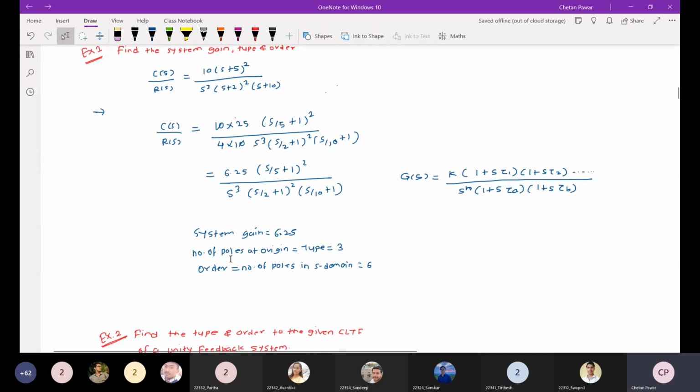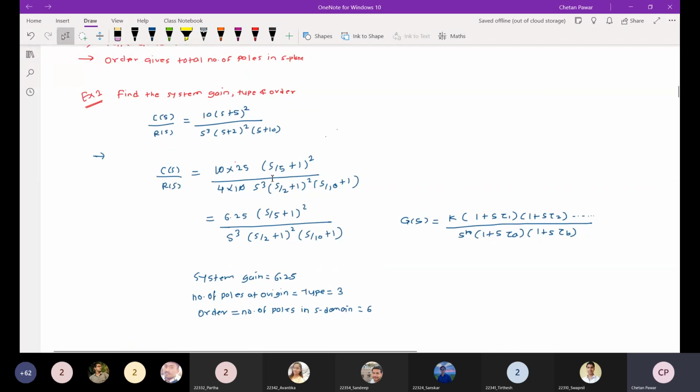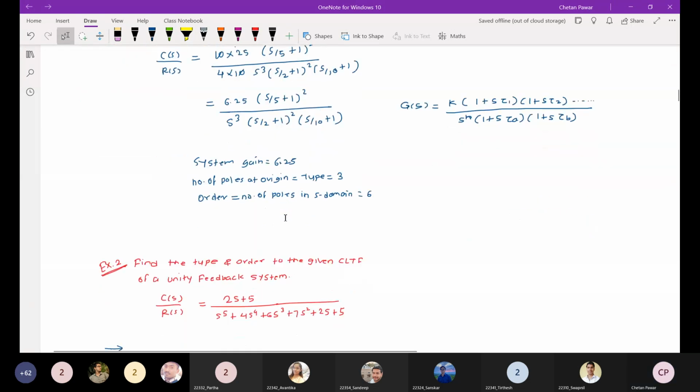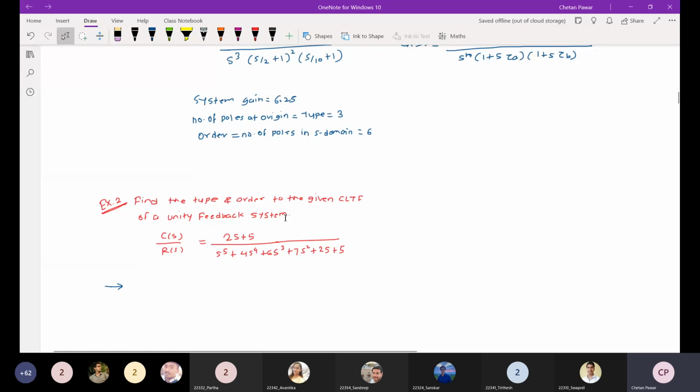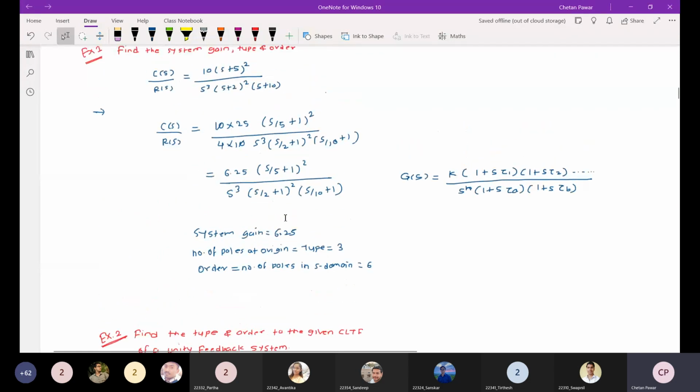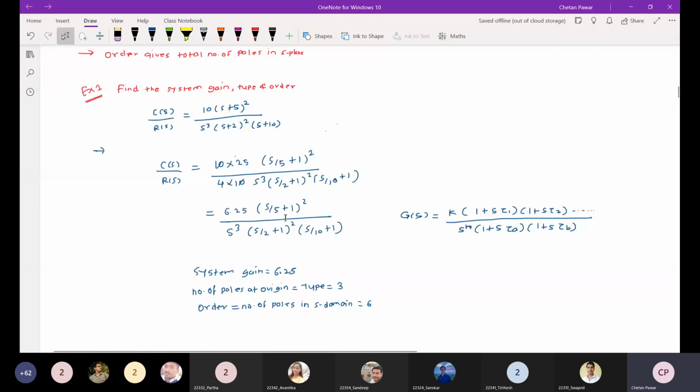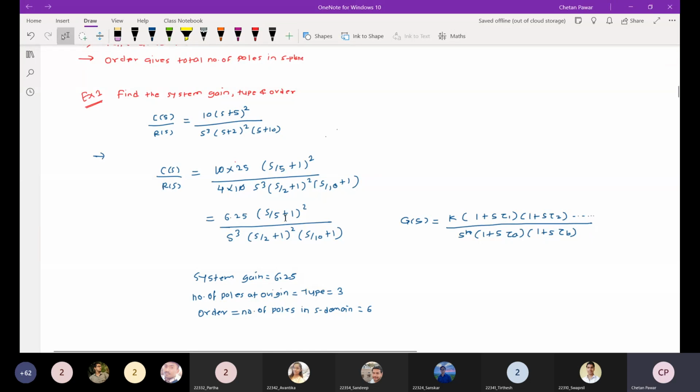So this way you can find the system gain, type and order. Have you understood? If anyone has any doubt, they can ask. Can we proceed?